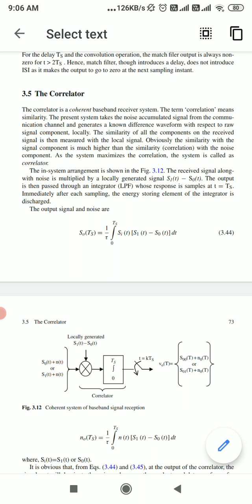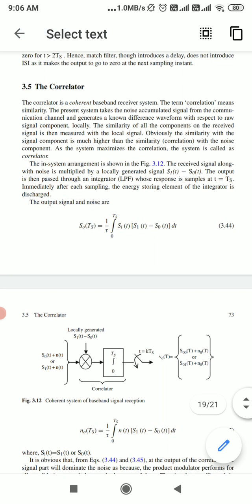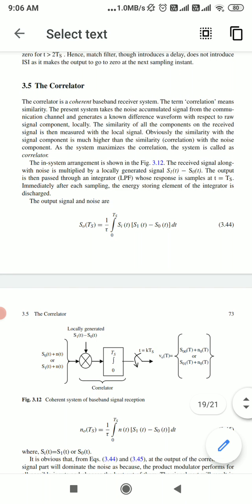Here the output of the multiplier we are giving to the integrator. The multiplier and integrator together we call a correlator. The output of the integrator we are giving to the low pass filter, whose response is sampled at t equal to Ts seconds.